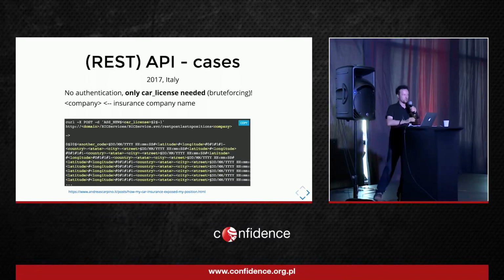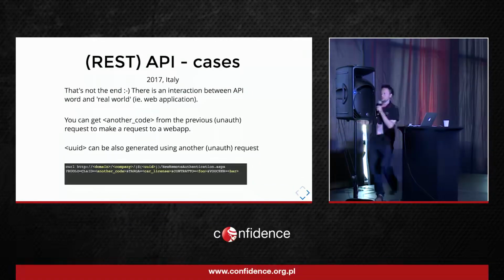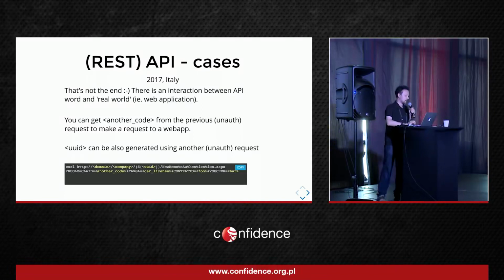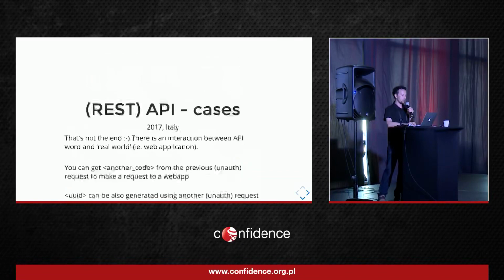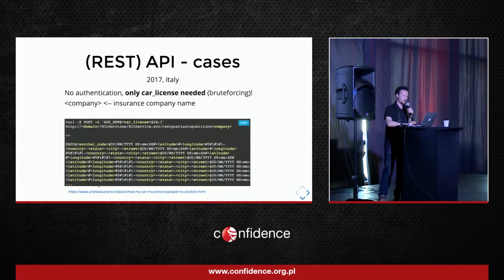And there's another code, which will be useful for a moment. So the first request. And the second request, we have still this hard-coded domain, company like Allianz, ING, something like this. This is another code, car license, of course, random data, and this UUID. And this UUID can be also extracted lower from here.